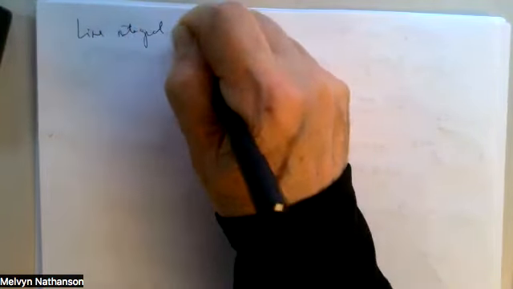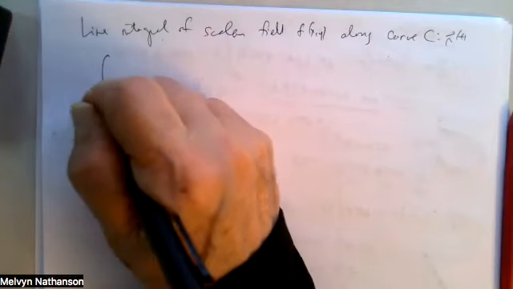So this is what we've been looking at as the line integral of a scalar field f along a curve C given by some function r of t. Let me write down the formula again.